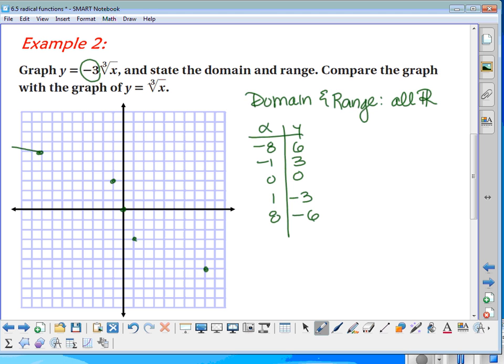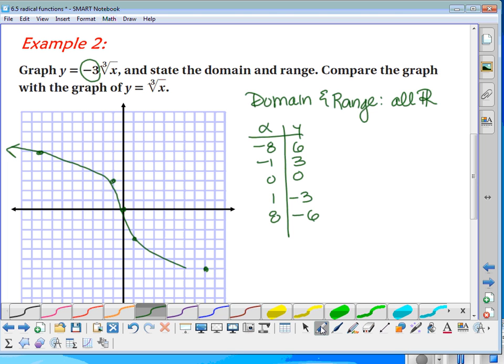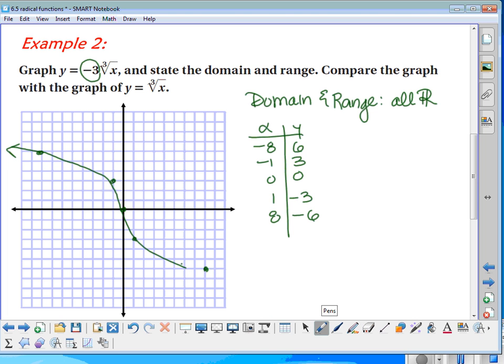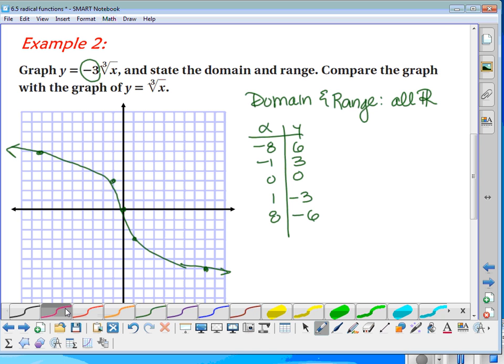So your graph ends up looking something like that. I missed my point. Oh well. All right, then I'll go ahead and put the parent graph on here so we can compare it.